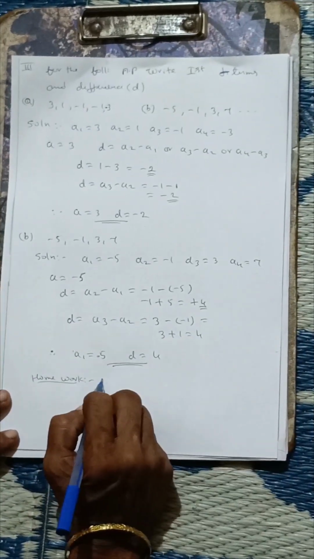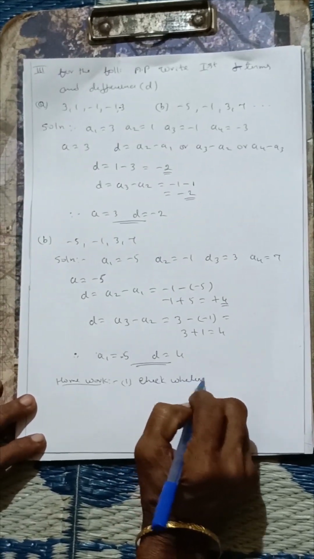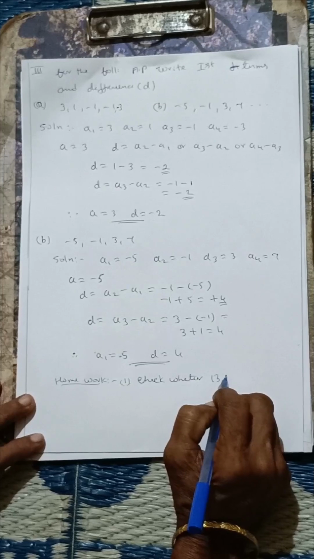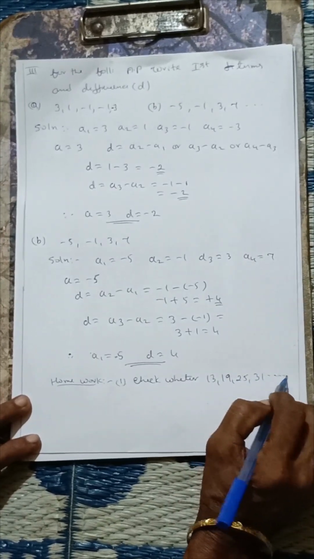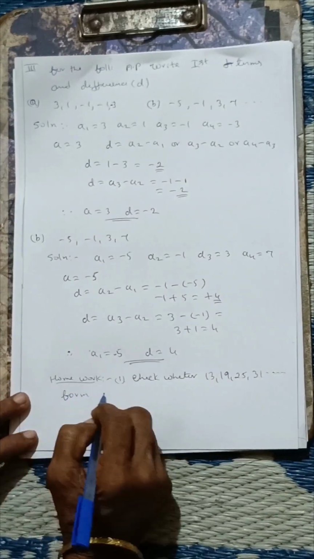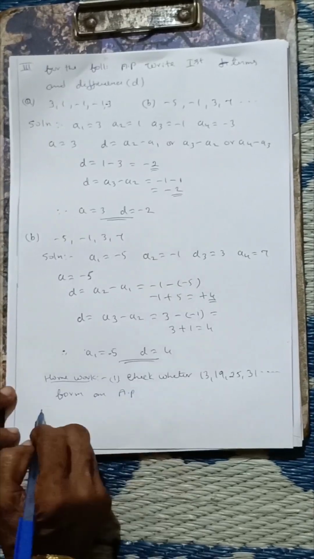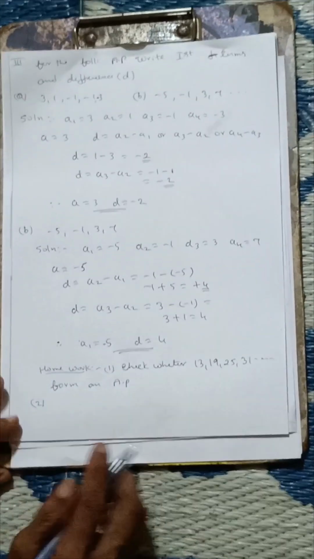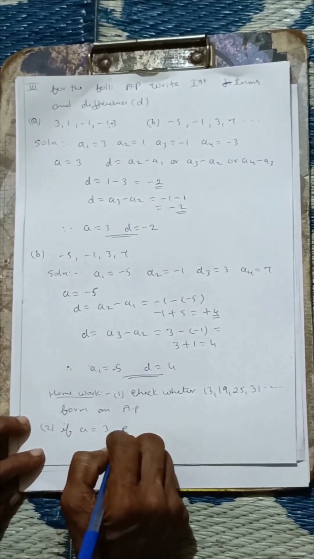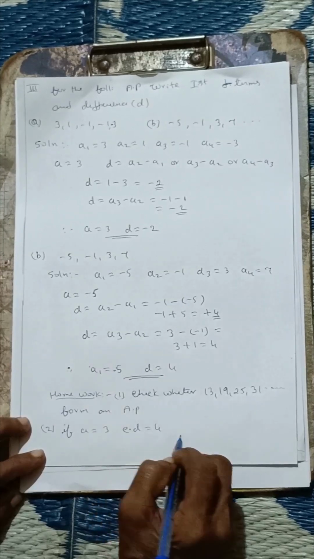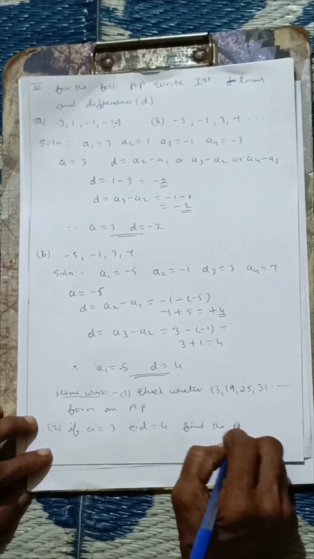Homework. First question: check whether 13, 19, 25, 31, etc. fall in AP. Second question: if A equal to 3, common difference 4, find the AP.